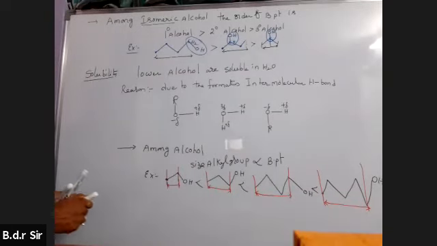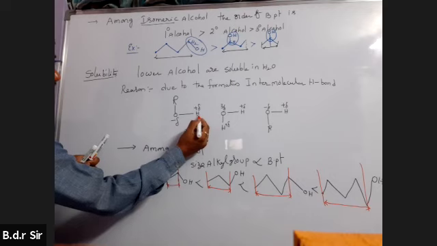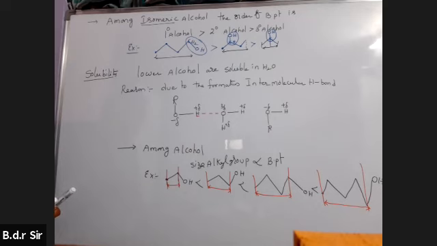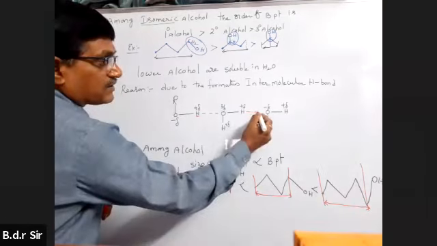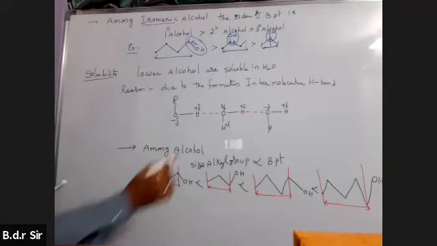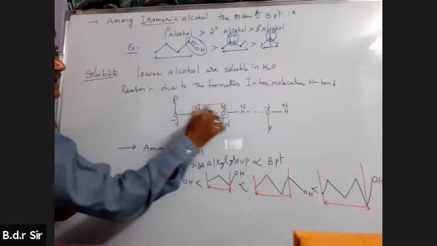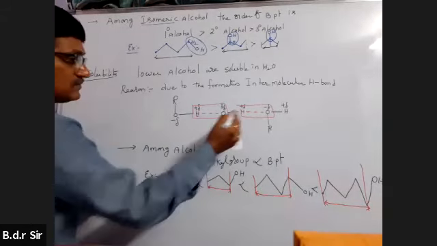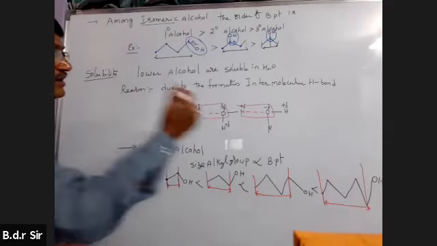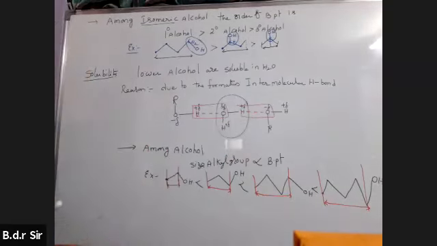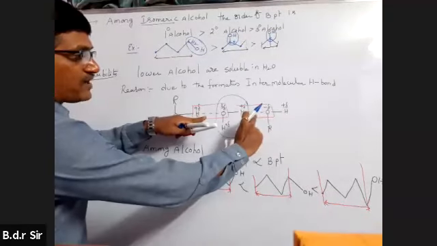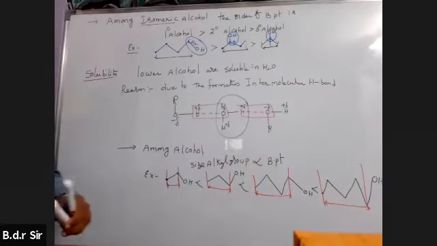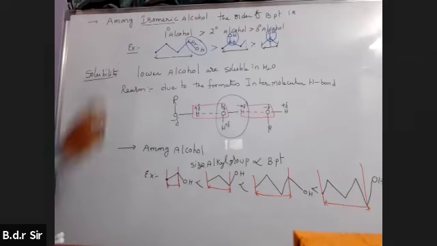Here observe, between the hydrogen atom and the high electronegativity atom, it is able to form an intermolecular hydrogen bond. Here also it is able to form an intermolecular hydrogen bond. Due to the formation of intermolecular hydrogen bond with water, alcohols are soluble in water. Okay, this is the first model.